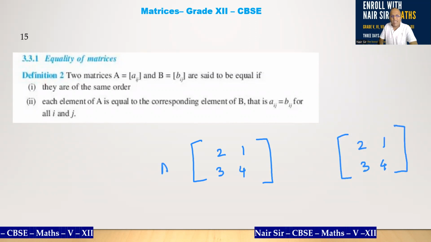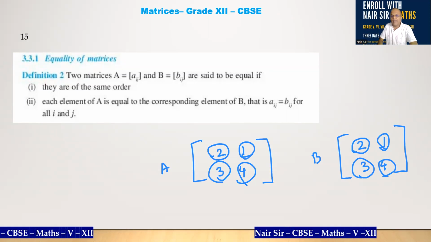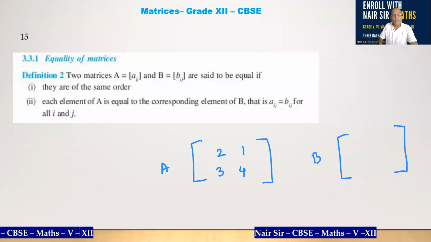I'm saying this is A and this is B. A is equal to B if and only if this matches this, this matches this, and this matches this. Whereas if I had written the numbers in a different form, they are not equal matrices.